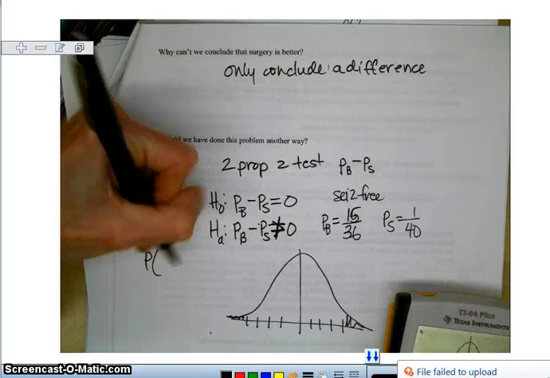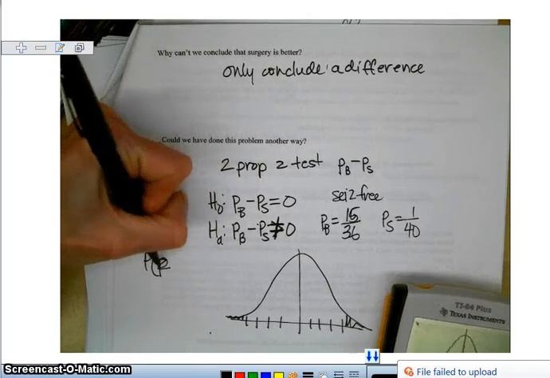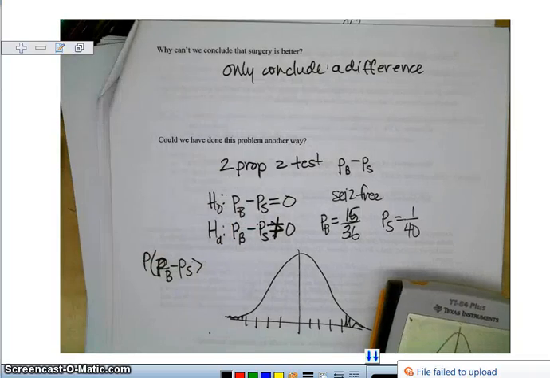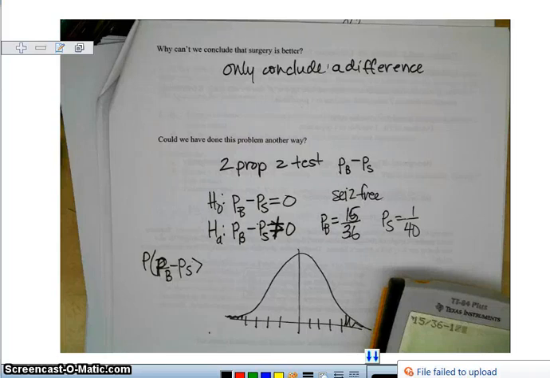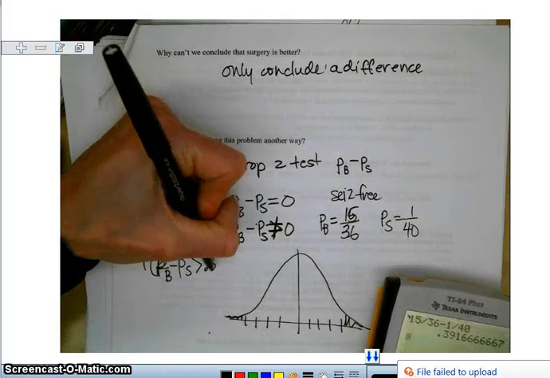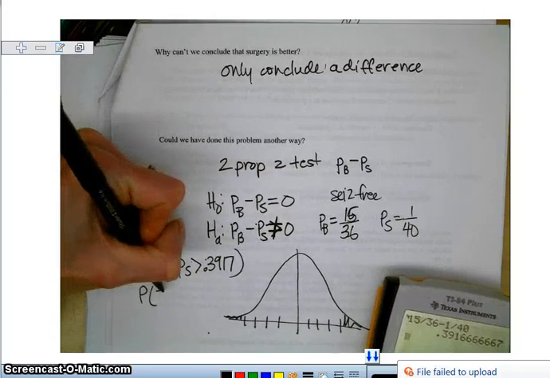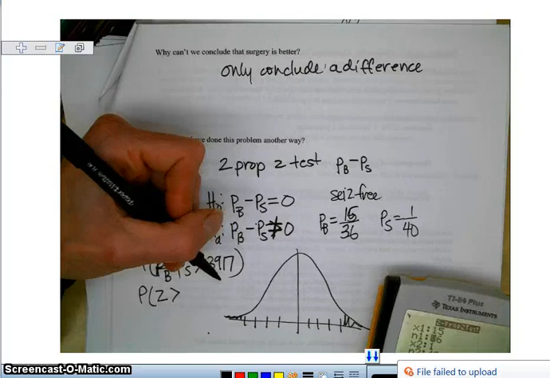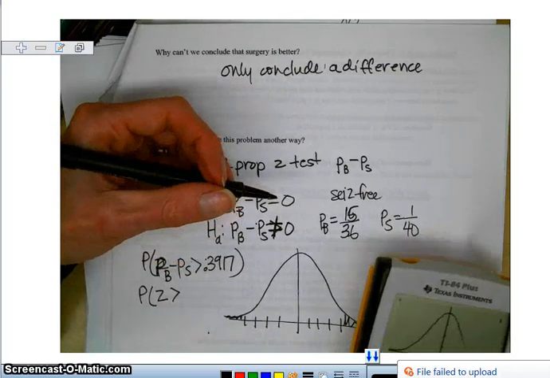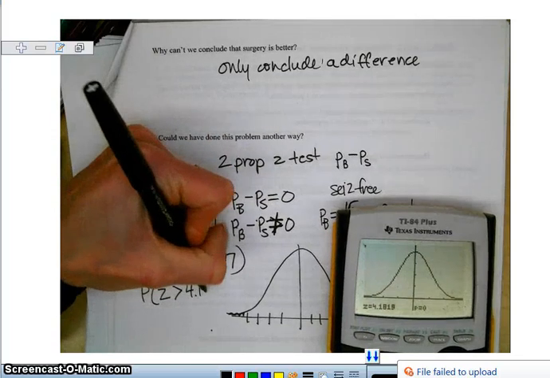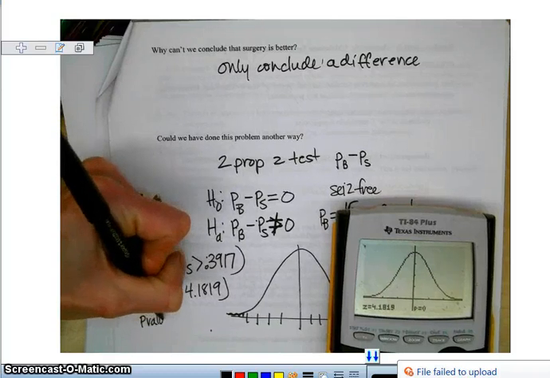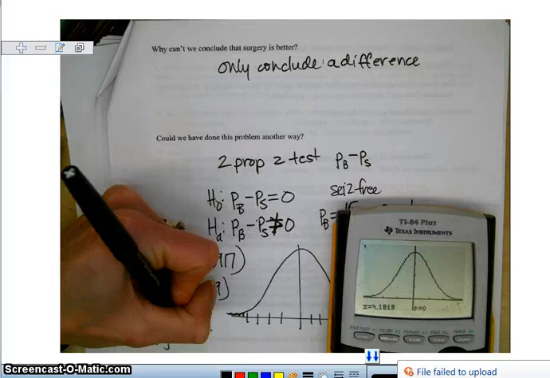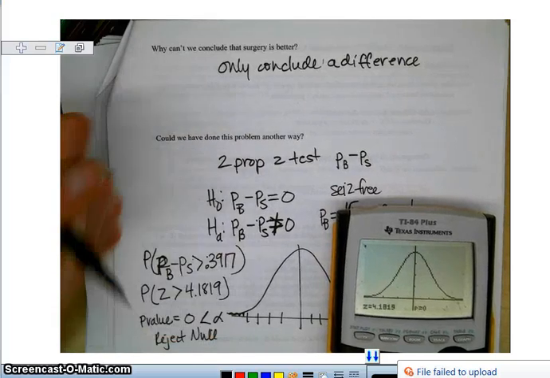So the probability that your difference in proportions is greater than whatever 15 divided by 36 minus 1 divided by 40 is, greater than 0.3917, is the probability that z is greater than 4.1819, which gives me a p-value equal to approximately 0, which means I reject the null, because that is less than alpha. So I would make the same conclusion this way.